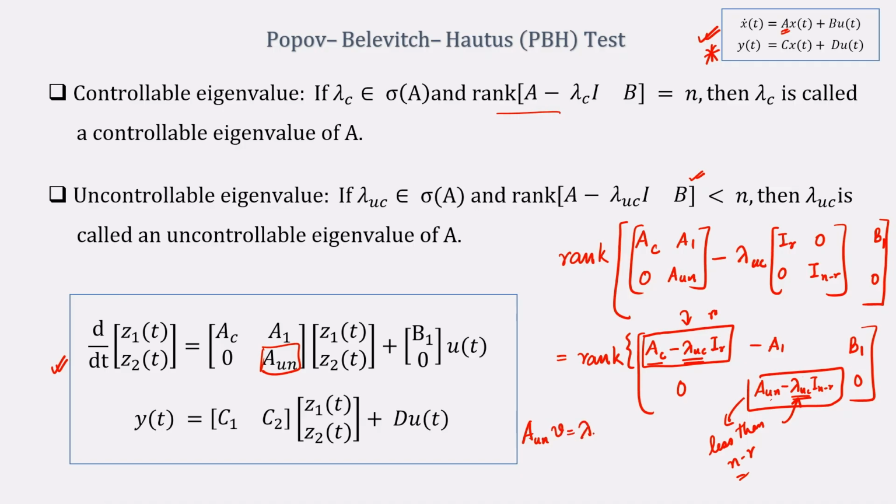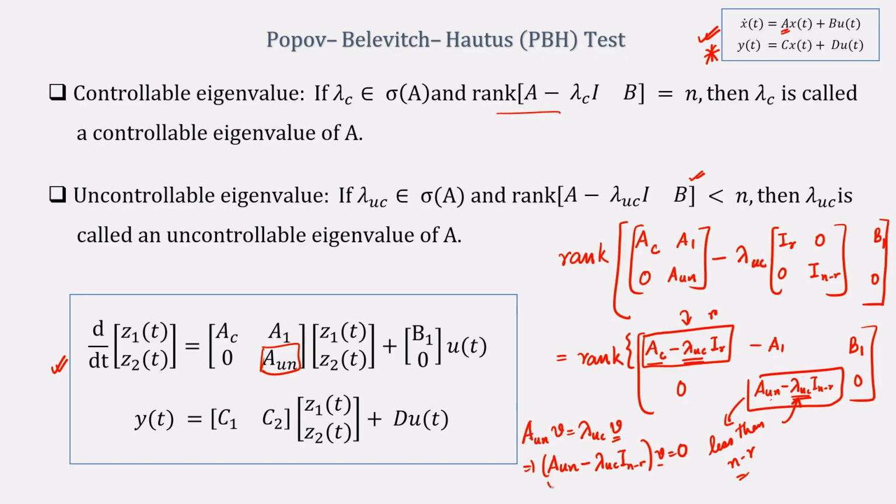A_un v equals lambda_uc v must be satisfied, but what is this? This is nothing but (A_un minus lambda_uc I_(n-r)) v equal to 0, and we know that the eigenvector is non-zero.